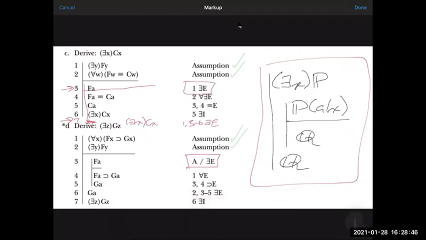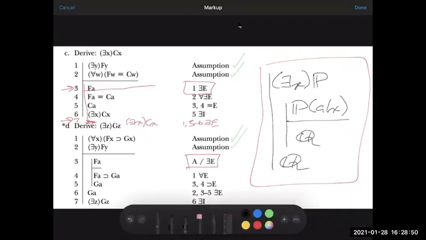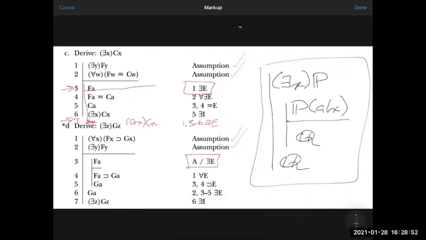Well, as you are moving, let me use blue here. What the rule essentially is moving from an existentially quantified sentence, that's that one right there, that's the main operator, to an instance of that existentially quantified sentence. Basically, you replace the variable, which would be X, with some individual term, right?